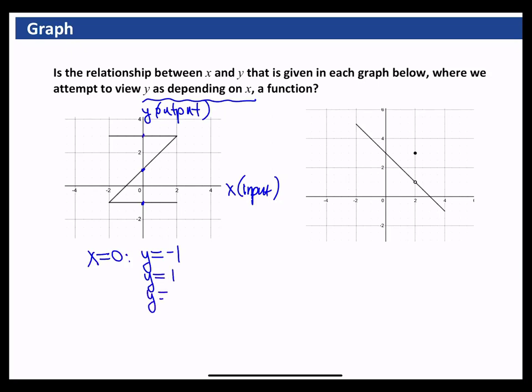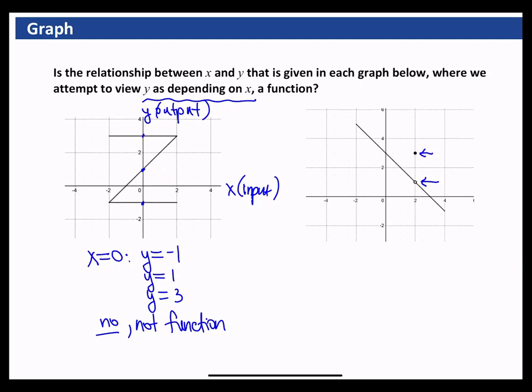Okay. Next graph over here on the right. So this is an interesting looking graph. We've got a line, but then we've got something that happens here at x equals 2. So this little open circle right here means that there's a break in the graph, right? So if x is 2, I'm not going to have a y value here, but I am going to have a y value here.